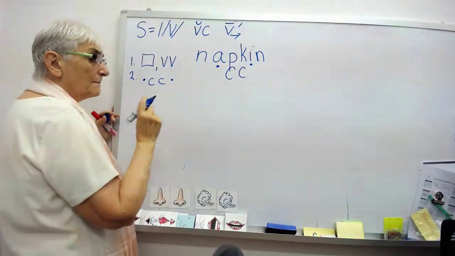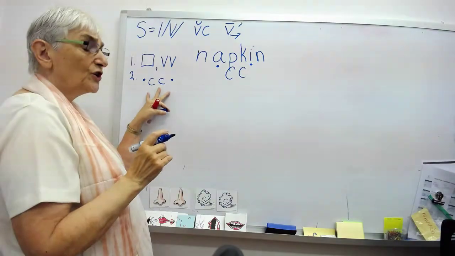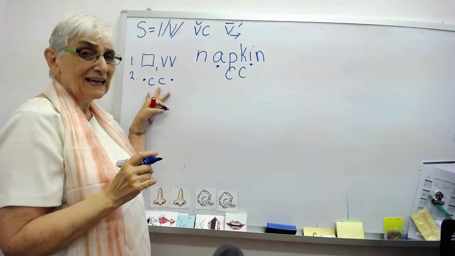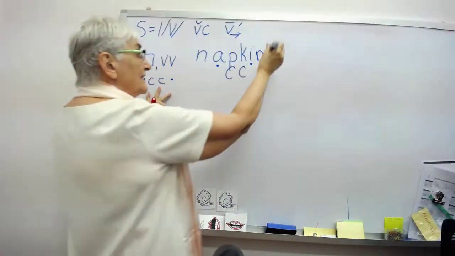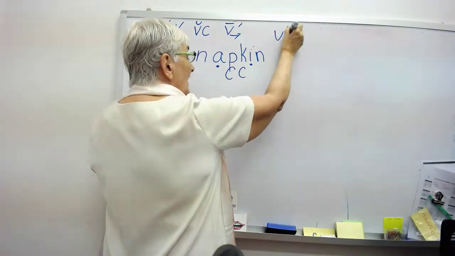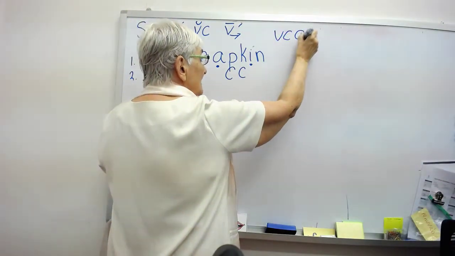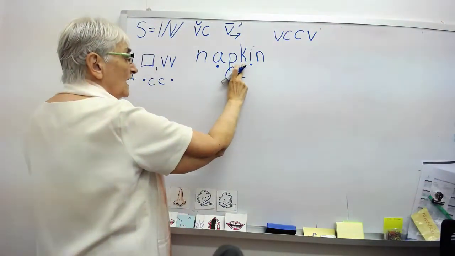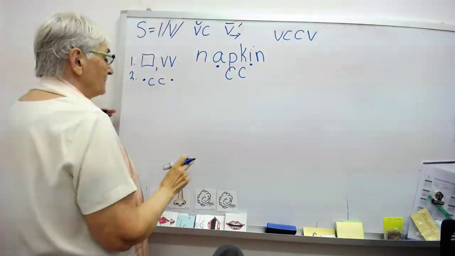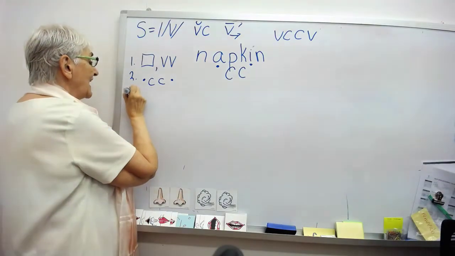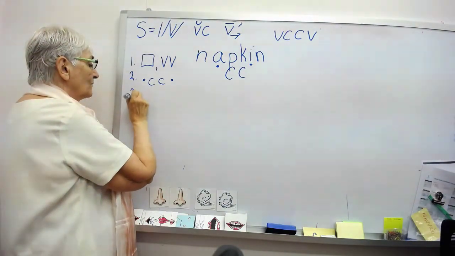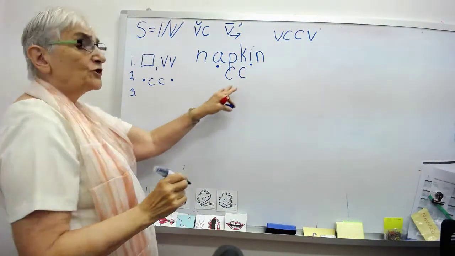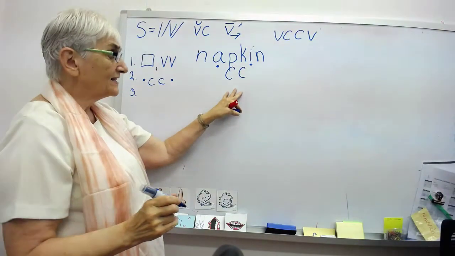Now this is the most common pattern we'll see in English words. It is a vowel, consonant, consonant, vowel pattern. All right? My third step is now to break this word into syllables.